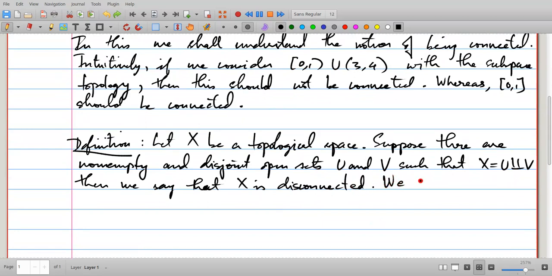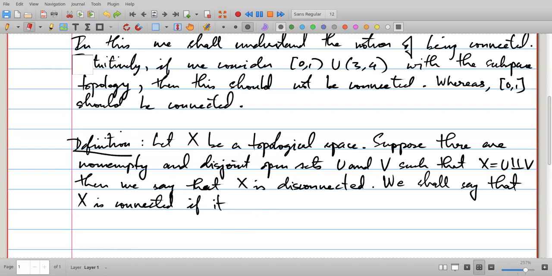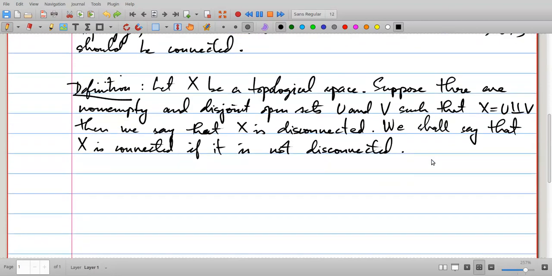And we shall say that X is connected if it is not disconnected. So now that we have defined the notion of connectedness, we can ask several questions.